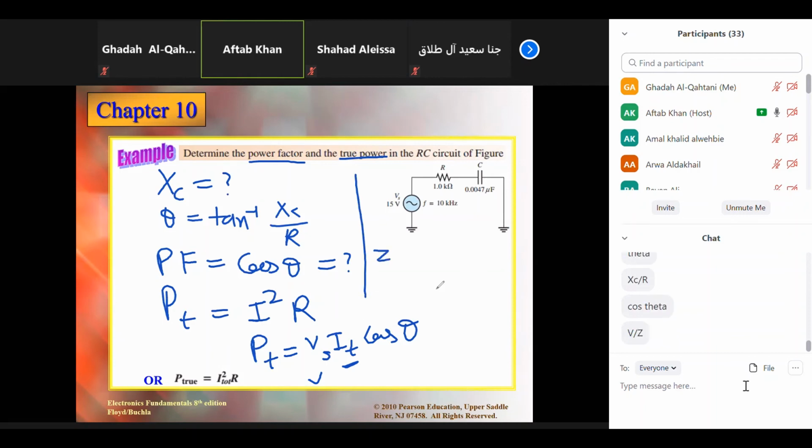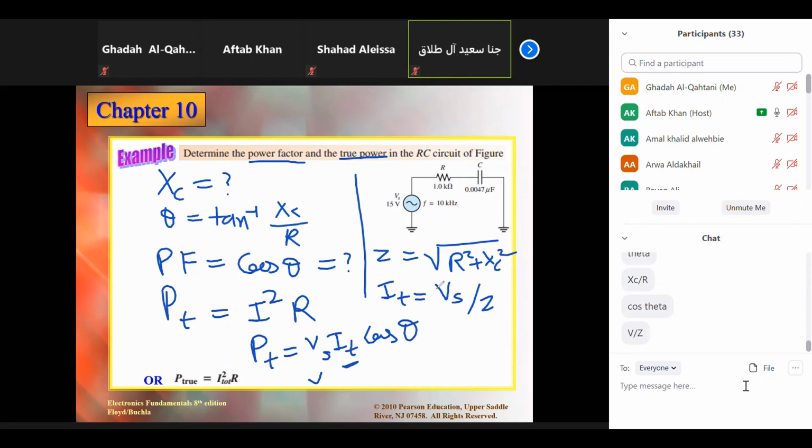So Z we can calculate first: the square root of R square plus X square. Once you get it, it is easy to calculate IT. IT is VS over Z. Just get it, then put in this formula, or you can apply this formula also, correct?